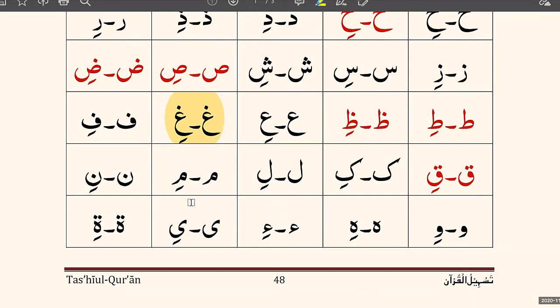Lam, Li, Mim, Mi, Noon, Ni, Wow, simple, soft, mild, we, ha, he, hamza, e. Remember, sometimes this shape is taken as a half cut ain. Remember, this is hamza, and its sound, its voice is like alif, e and e, the same.